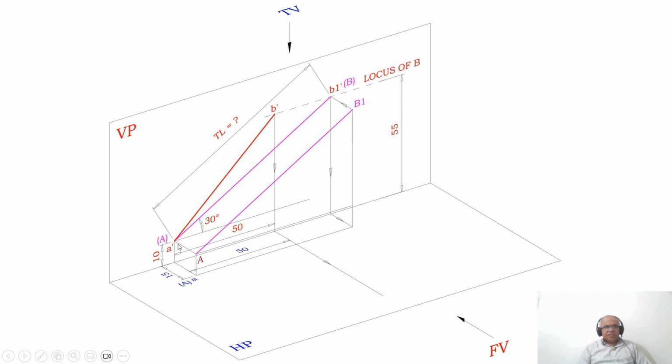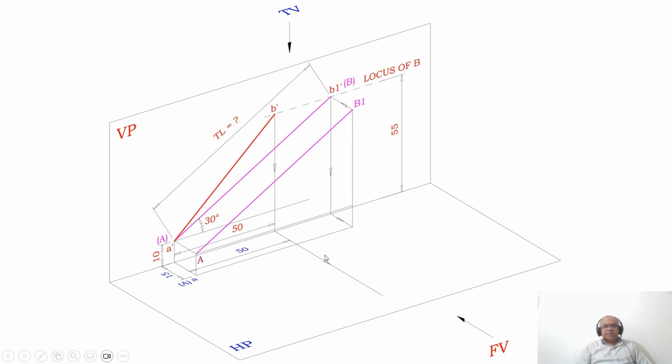When you look from the top view, you can see the distance in front of VP, so you mark this point as small a, and here it is capital A. When you look from the front view, you can see the distance above HP in the vertical plane, and when it is projected onto the vertical plane, we mark this point as a dash.